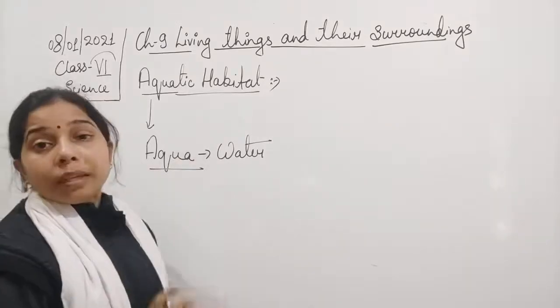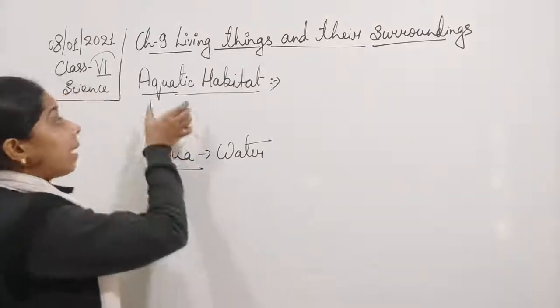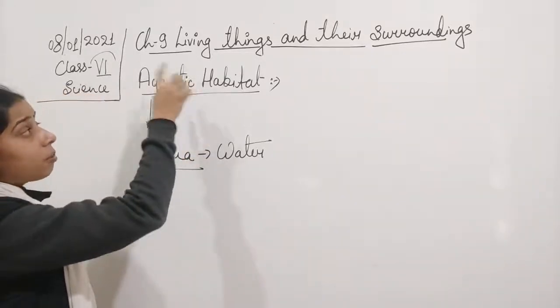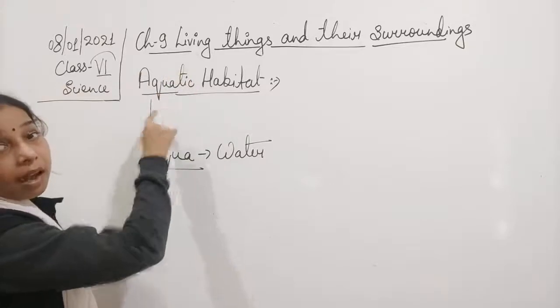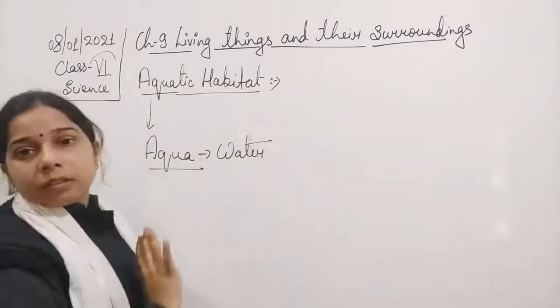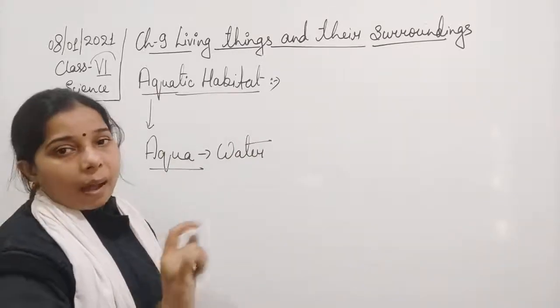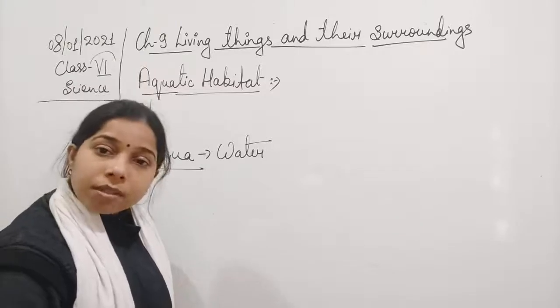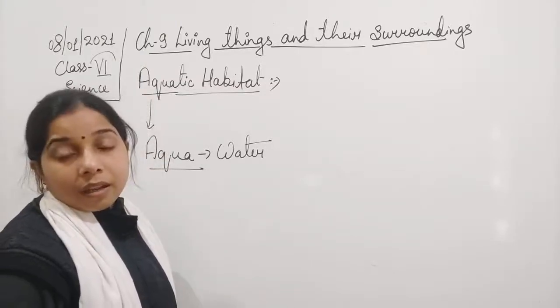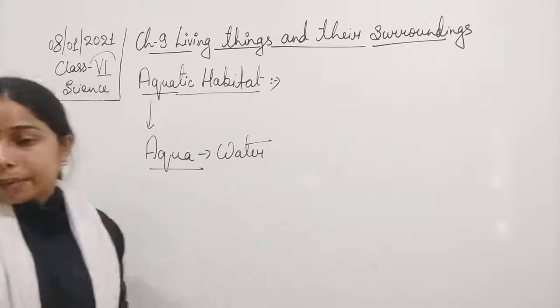So what do I want to convey? The term aquatic consists of aqua, and aqua means water. So the concept is clear. It is a water-based habitat. Terrestrial was a land-based habitat, and aquatic is a water-based habitat.